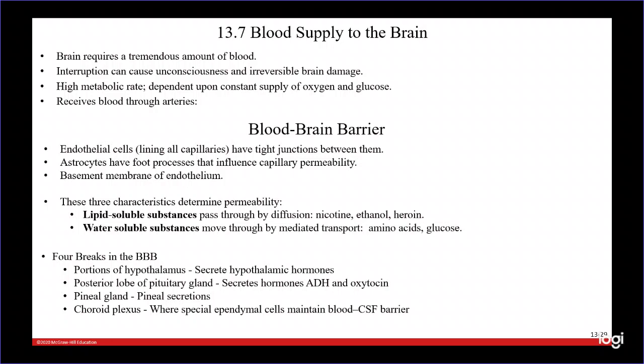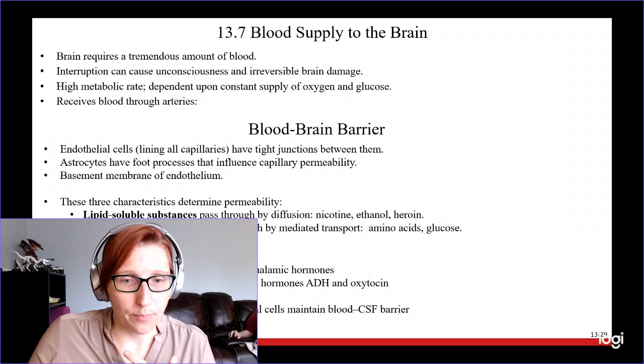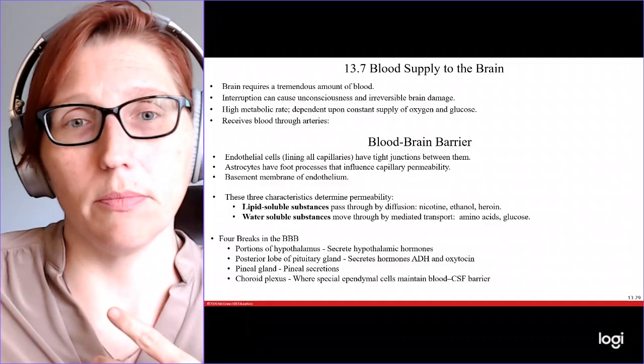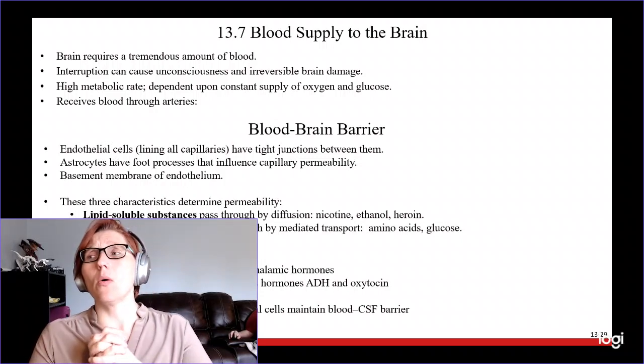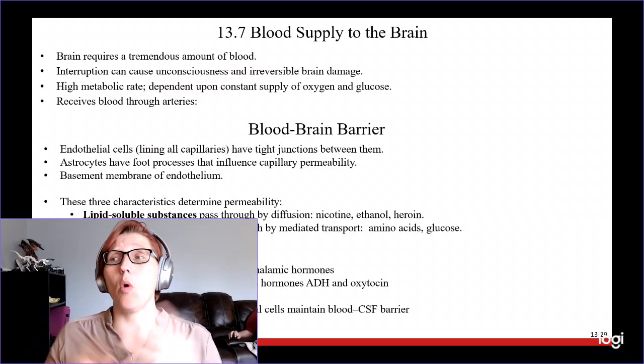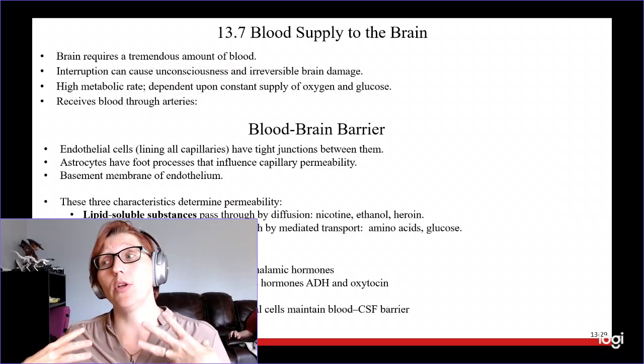There are 2 characteristics that determine the permeability of substances that will get to your brain, maybe not need to. Let me see if I can flip this. Maybe. No, I don't think that. Okay, I guess we're going to stick with this. All right, so lipid-soluble substances will pass straight through diffusion.